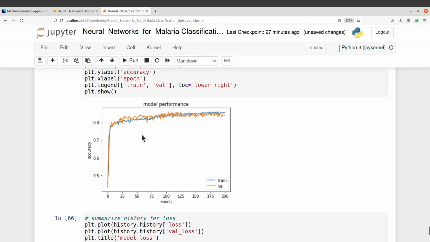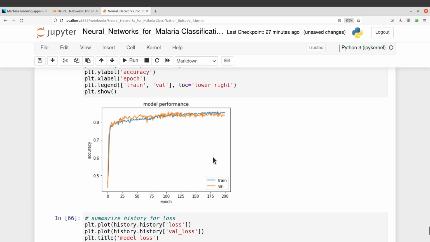So if you look at this model, this is how we expect a good model to behave. The behavior I'm talking about is the accuracy for the training and validation. Here we can see that the accuracy for the training and then that for the validation, the values are not far off. This is what we expect a good model to do.